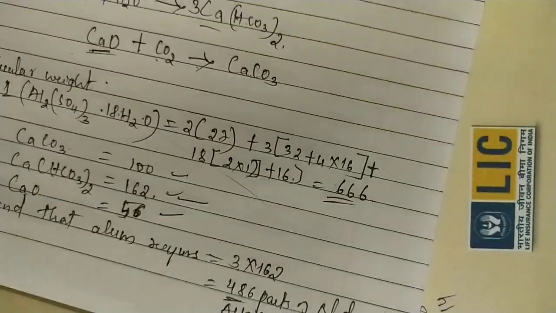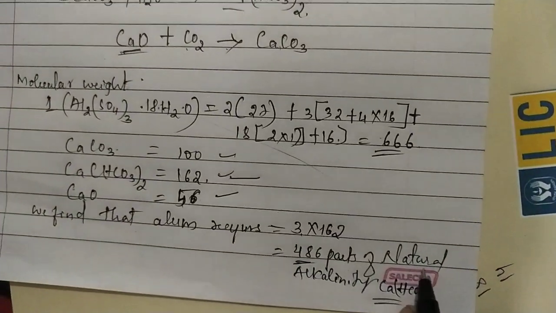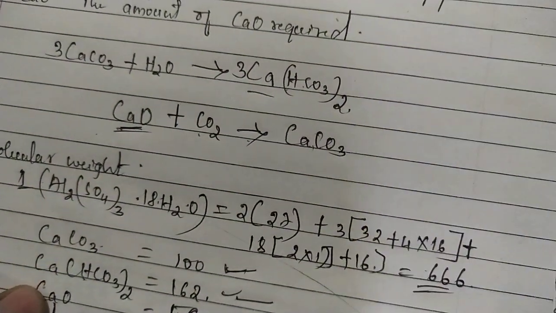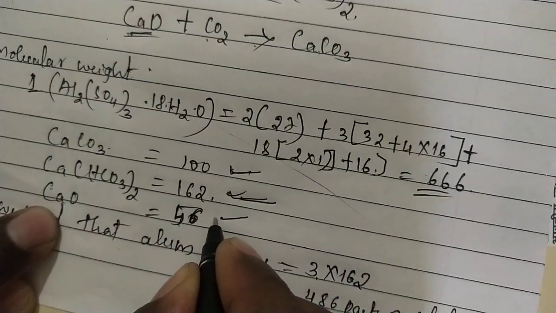So as we got the total, in this equation we find that alum requires 486 parts of natural alkalinity as CaCO3. So for every 666 parts of alum, 162 parts of natural alkalinity is required for 100 parts of alkalinity. As we know, the molecular weight of calcium carbonate as alkalinity is 100, for the bicarbonate it is 162, and for quicklime, that is calcium oxide, it is 56.